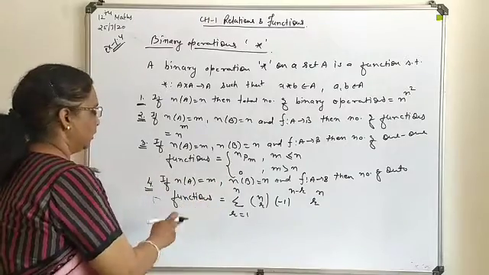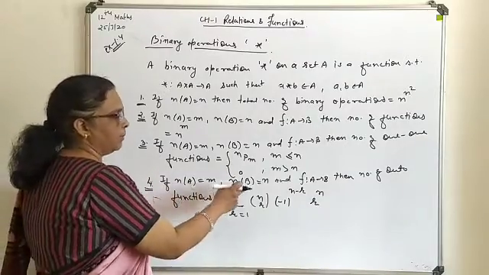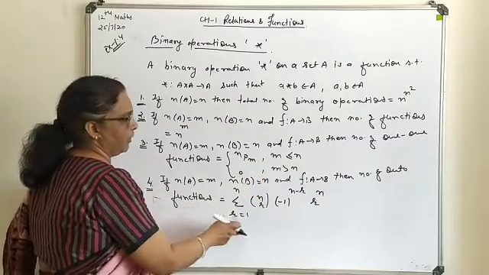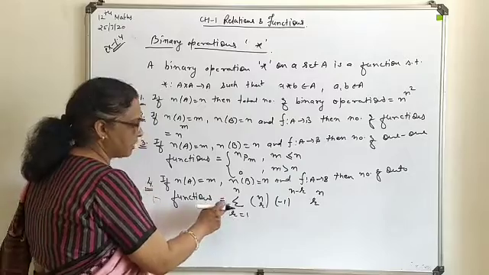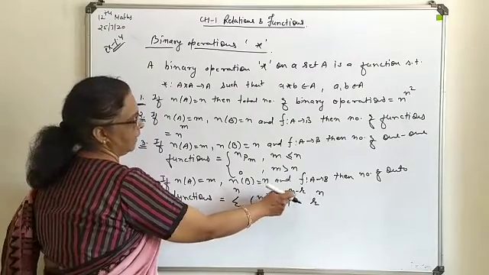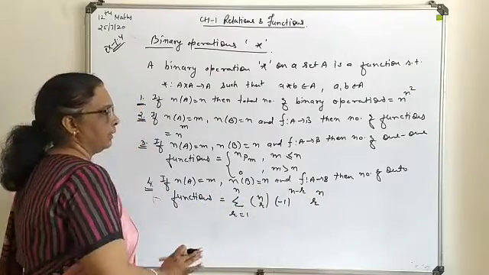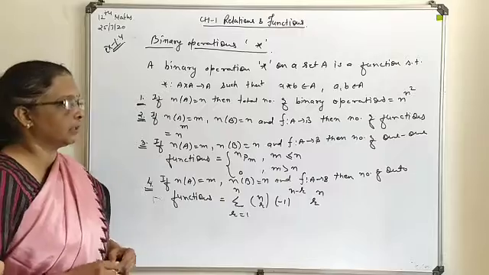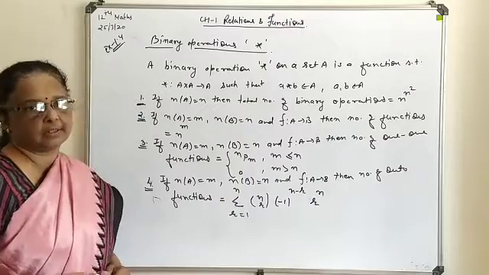Now the last one: with the same information, the number of onto functions you can define by using this formula: sigma r equals 1 to n, (-1) to the power n minus r, nCr, r to the power m. So these are the formulas used to find the number of functions which may be asked in your question.